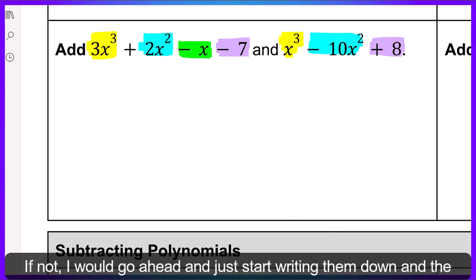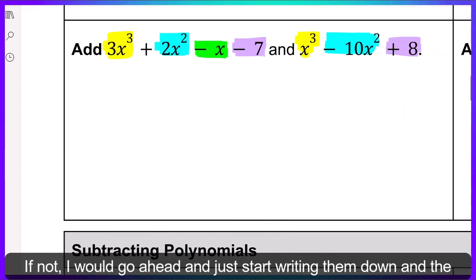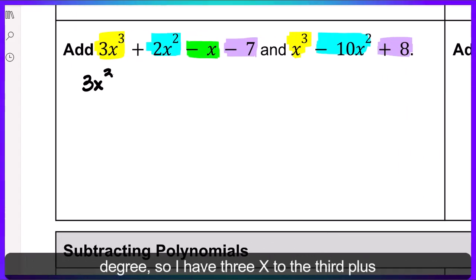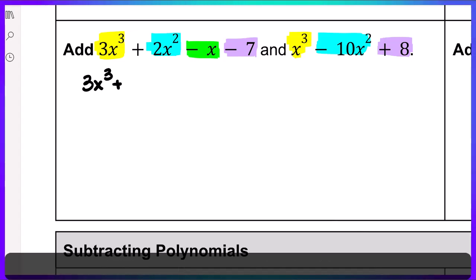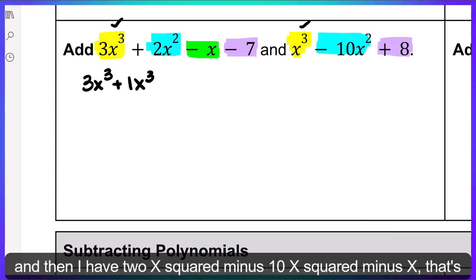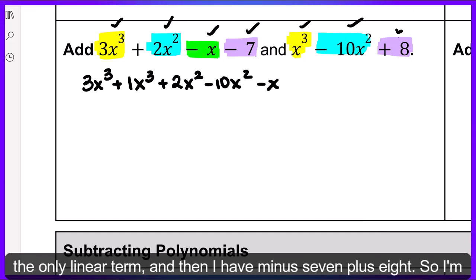If not, I would go ahead and just start writing them down in the order of highest degree. So I have 3x to the third plus 1x cubed. And I'm going to check them when I write them down. And then I have 2x squared minus 10x squared, minus x. That's the only linear term.